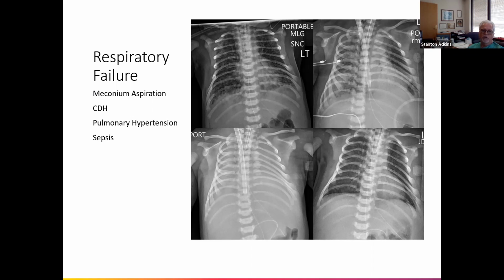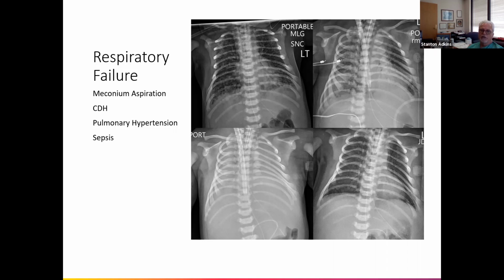Whereas more and more we see that diaphragmatic hernia and pulmonary hypertension and maybe even sepsis are more common, or at least as a fraction, because meconium aspiration is much better managed today with all the fancy new ventilators you've got, and so we are able to manage those kids better.